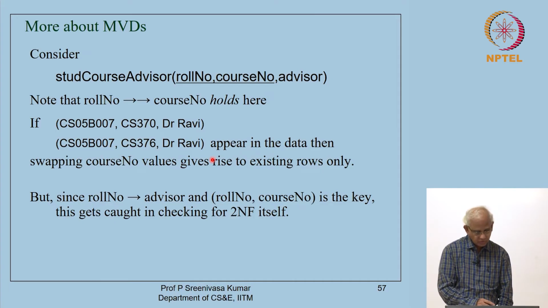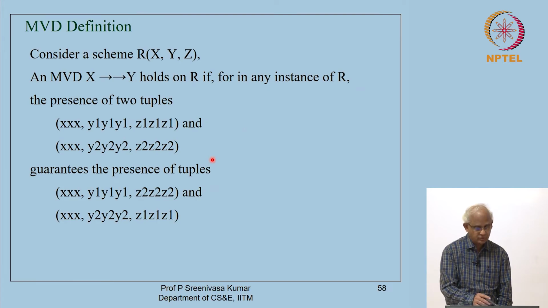Okay. So, here is a formal definition for multivalued dependencies. Consider the relation scheme R(X, Y, Z).